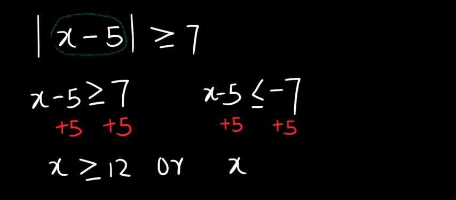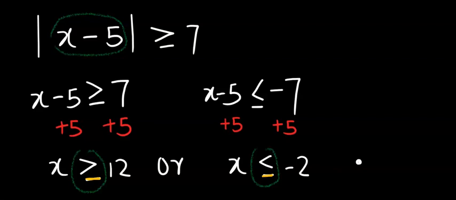And x is less than or equal to negative 2. If you want to try your graphing, go ahead. Make sure you use a closed circle because this symbol has a bar underneath. This bar tells you equals. Equals means this value is being included there.